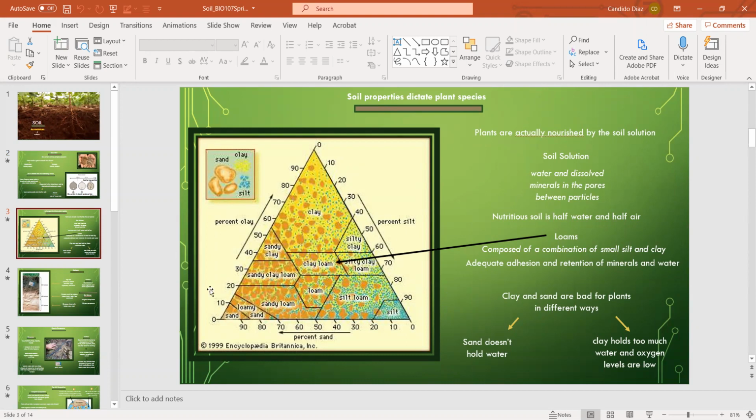There's this loam area, which combines small amounts of silt and clay, and these loam areas are really the type of soil that's most hospitable for plants. If the particles get too small or too big, you can start having more difficulties.